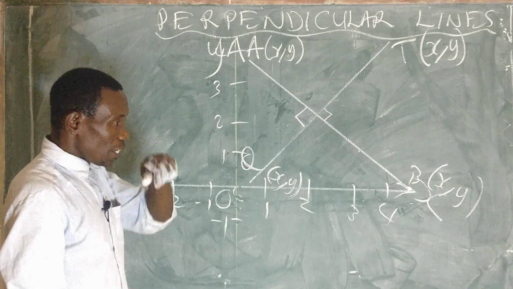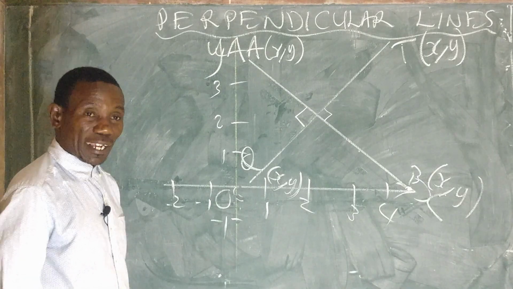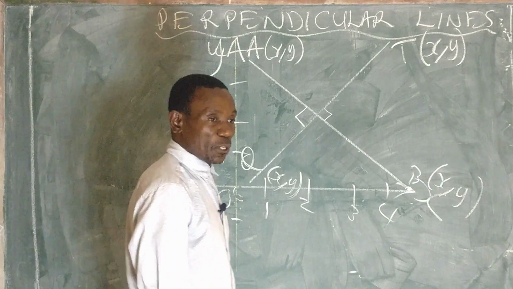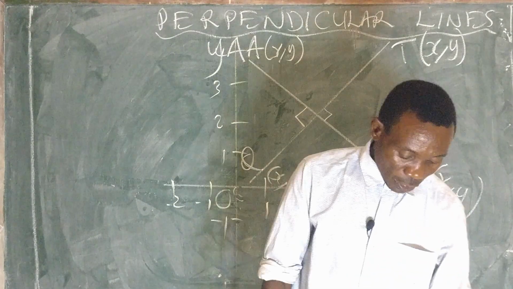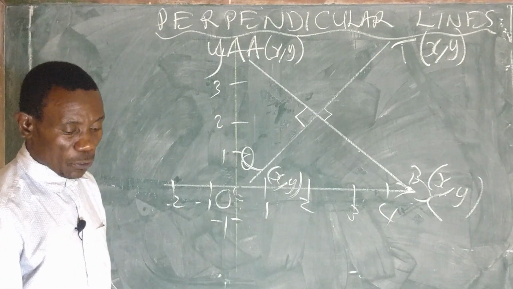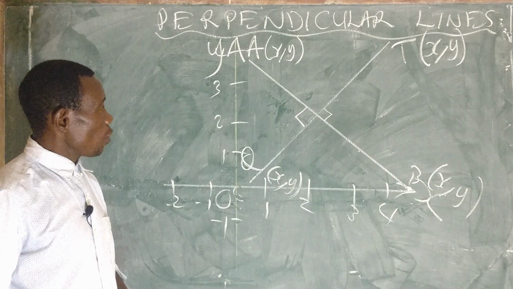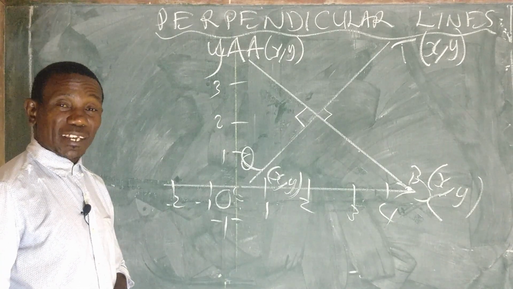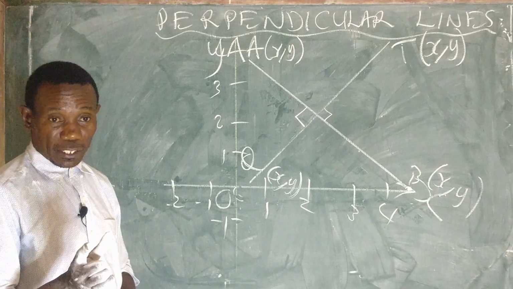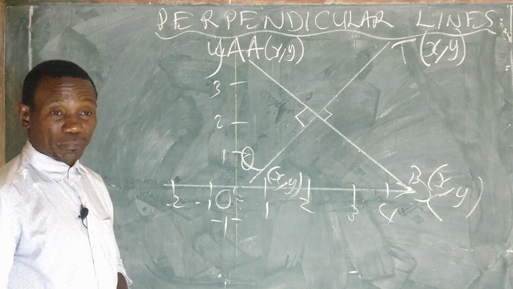Now, what is it that we need to know about this? Our target here is to determine if lines are perpendicular to each other. What is the indicator that we can use to show that lines are perpendicular? As we did in the previous video, when determining that lines are parallel, the indicator was the gradient. Equal gradient means lines are parallel.